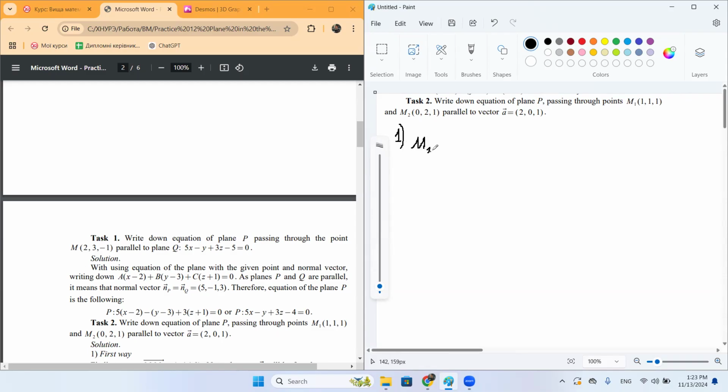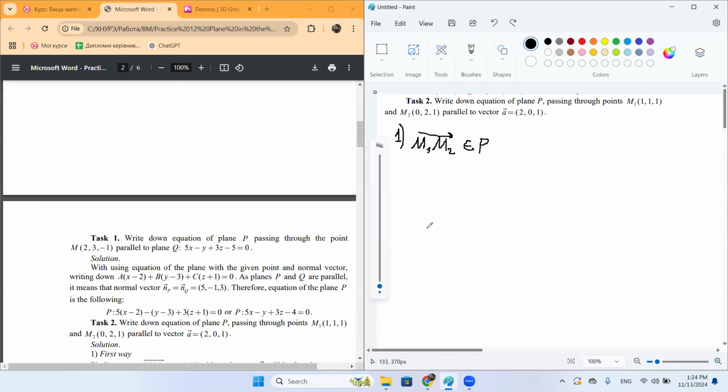The vector m1m2 belongs to P. Now we don't know if it's parallel to vector A or not. With the vector m1m2, we can receive a normal vector. And how can we receive it?